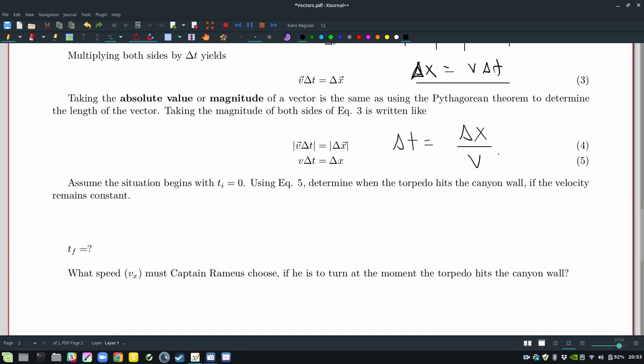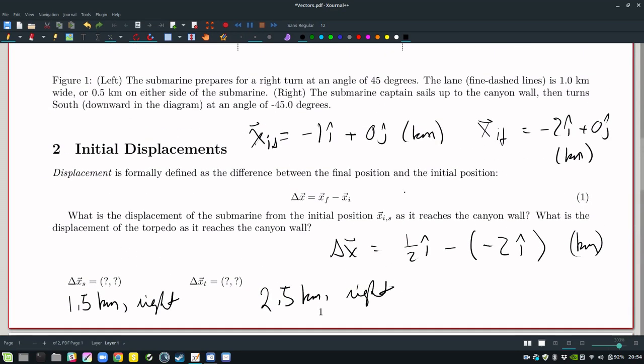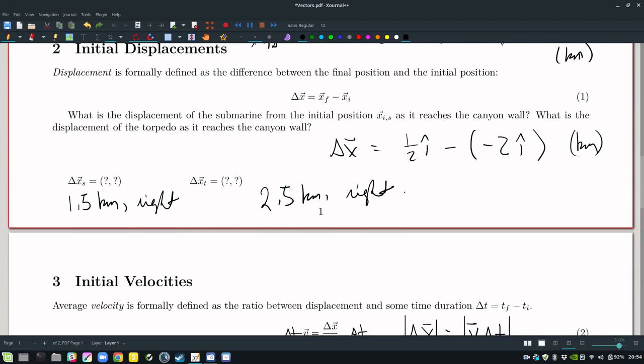That's delta x over velocity. But delta t is t final minus 0 in this case because t initial happens to be 0. So delta t is equal to t final. So t final is delta x divided by v. What is delta x for the torpedo? We just found that it was 2.5 kilometers no matter what direction it's going.